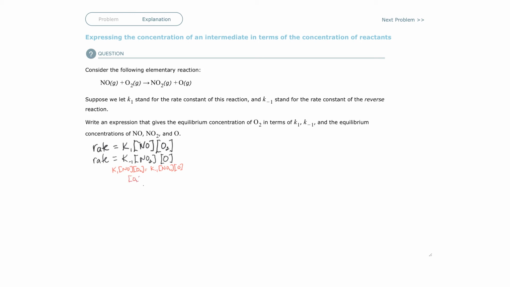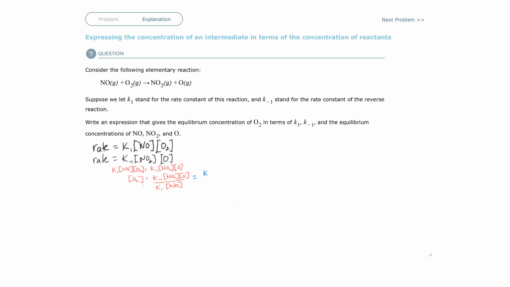O2 equals k sub -1 times NO2 times O over k sub 1 times NO. So just for clarity, you can get the constants in their own fraction.